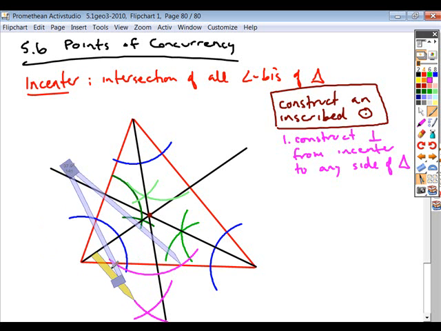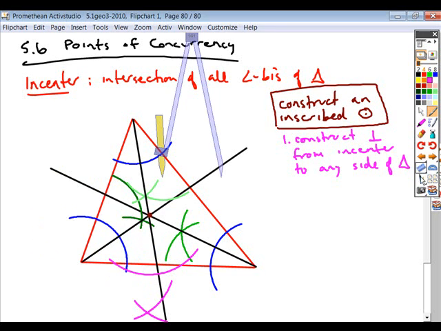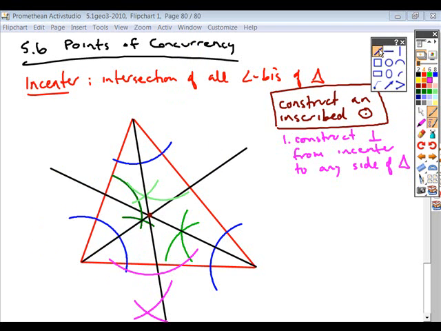And the intersection of that, when connected back to our original point, will be a perpendicular.